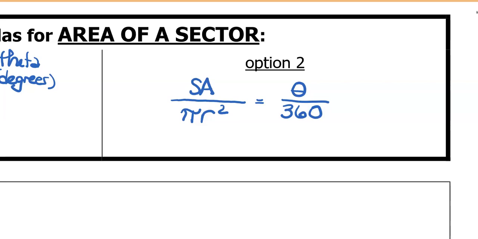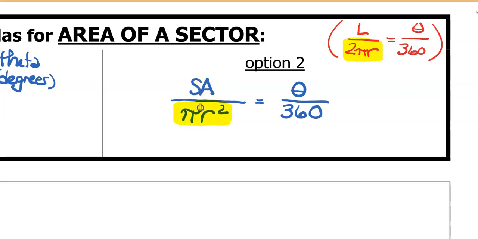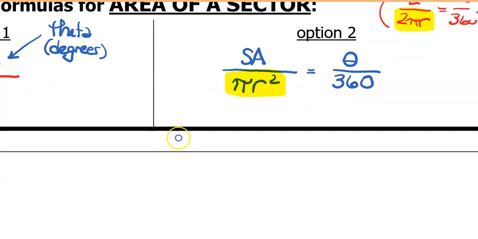Here again, if you compare it to this version of arc length, we did arc length compared to the whole circumference equals my angle out of 360. So the arc length was part of circumference, so we use 2 pi r, but now sector area is part of area, so we use pi r squared. So it looks like we have a bunch of different formulas, but they're all really basically the same thing.